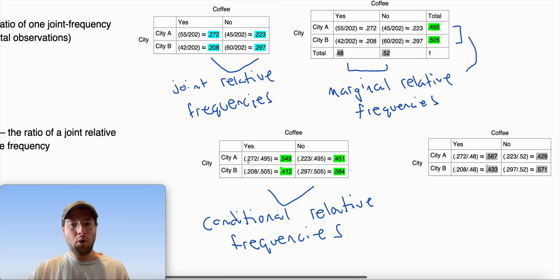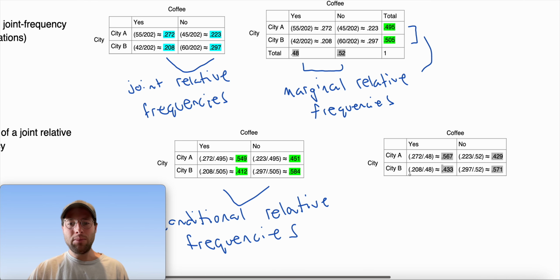So for example, 0.272 divided by 0.495, which is right here, we get 0.549. And then we do 0.223 divided by 0.495, which is this right here, we get 0.451. And then also right here we do 0.208 divided by 0.505. So we're using this marginal relative frequency, and again, we use that same marginal relative frequency for this calculation.